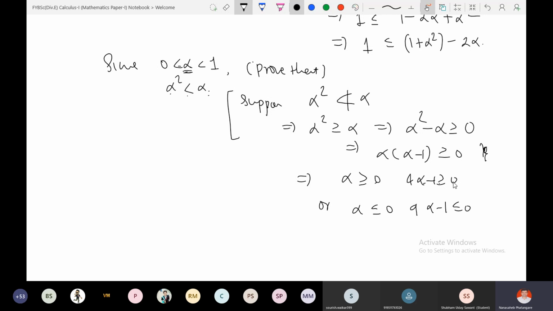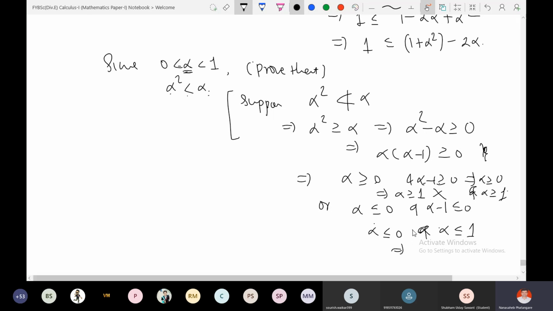Right? But then the product of two numbers is greater than or equal to 0. That means either alpha is greater than or equal to 0 and alpha minus 1 is greater than or equal to 0, or alpha is less than or equal to 0 and alpha minus 1 is less than or equal to 0. What does the first case give? Alpha is greater than or equal to 0 and alpha is greater than or equal to 1. Is it possible? So this gives that alpha is greater than or equal to 1, which is not possible. What does the second case give? Alpha is less than or equal to 0 and alpha is less than or equal to 1.